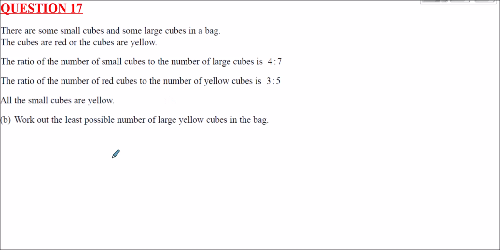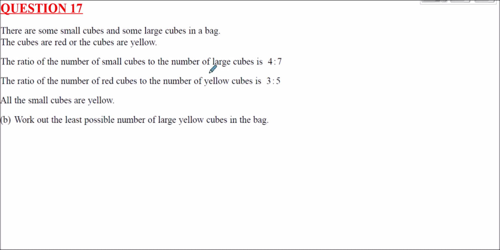Now part B, it says here all the small cubes are yellow. We need to work out the least possible number of large cubes in the bag. So what we can do here is consider this as two separate ratios and combine them with a bit of thinking. So we've got here ratio of small to large cubes and a separate ratio here, reds to yellows.